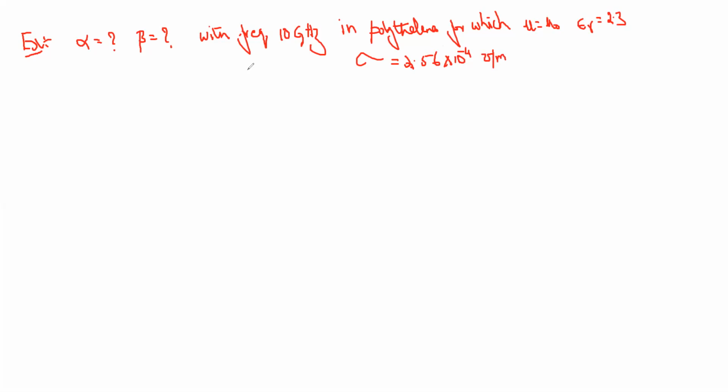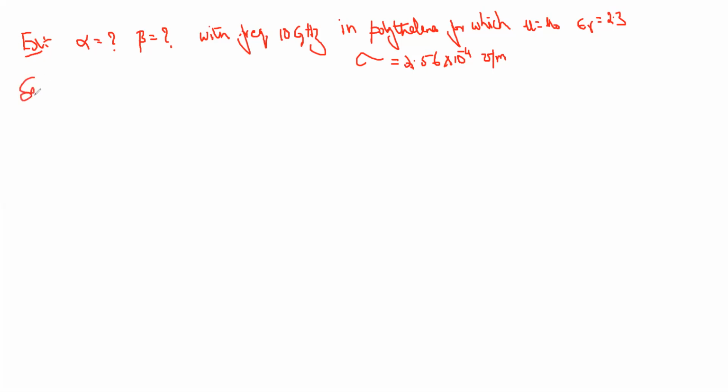See, the uniform plane wave with a frequency of 10 gigahertz is propagated in polyethylene, for which mu is equal to mu naught and epsilon r is equal to 2.3, and the conductivity is also given. You have to find the attenuation constant and the phase constant.